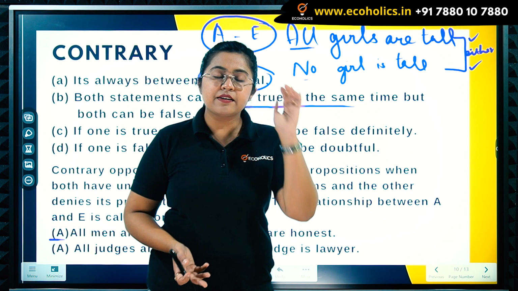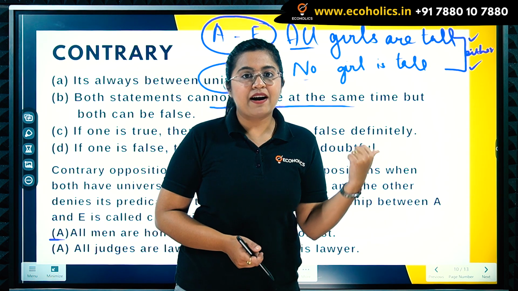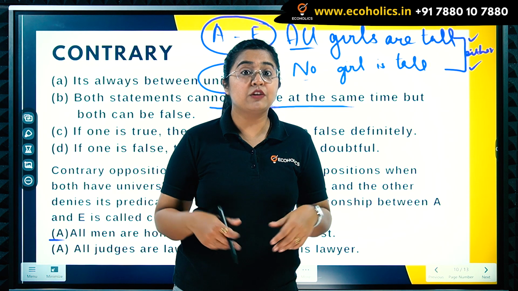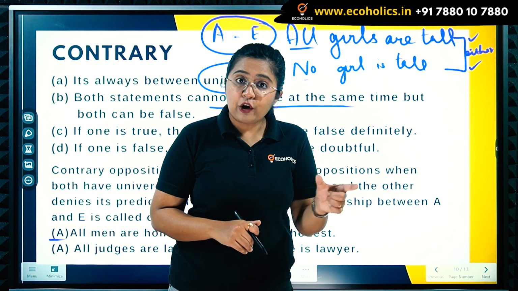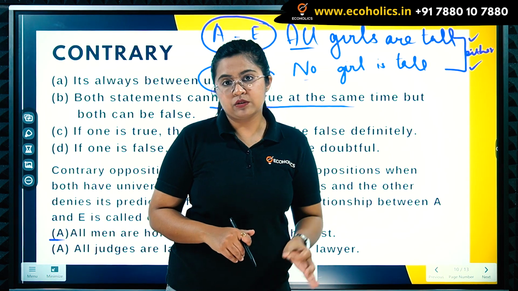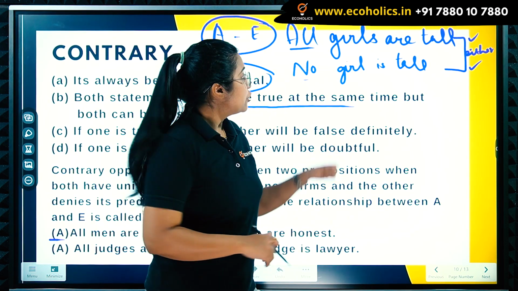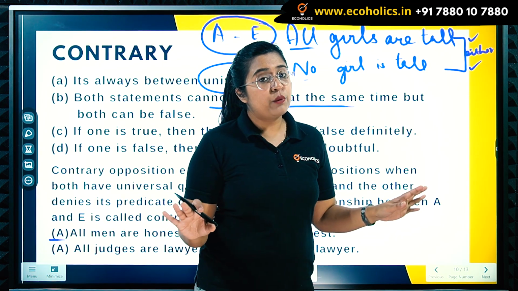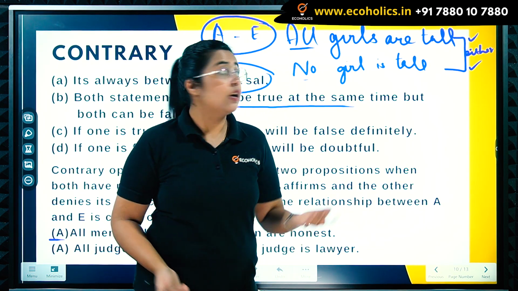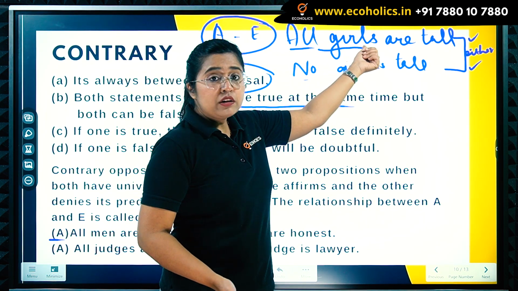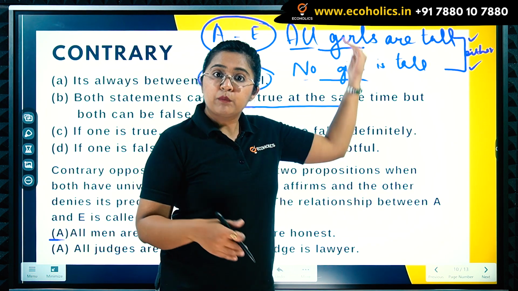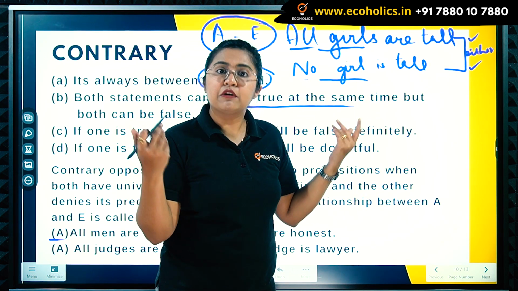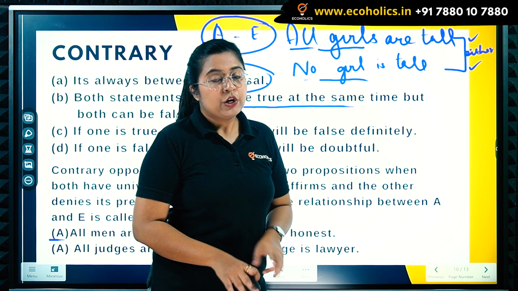Logical reasoning should not be understood from your own logic, okay? It has to be understood from the logic given by the rules. And the rules say that both cannot be true at the same time, but both can be false. This statement can be false, and at the same time, this statement can also be false. Both of the statements can be wrong at the same time, right?